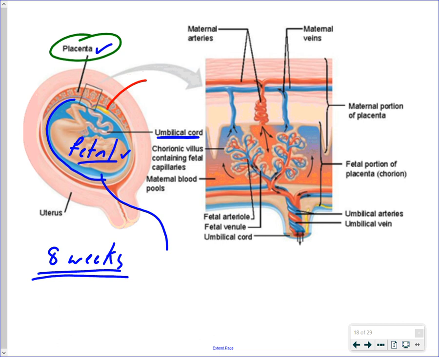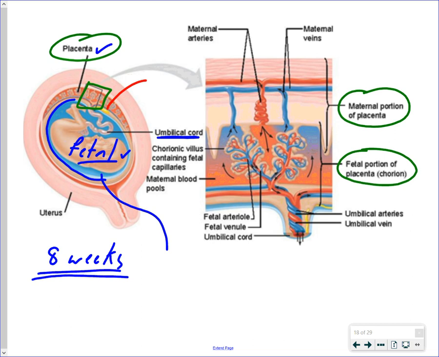So if we take a look at the right-hand picture now, kind of zooming in on what we see in this box here, the placenta is made up of the mother's portion, the maternal portion, and the fetal portion, which again is going to be coming from those trophoblastic cells. So in the case of the female's portion, very, very vascular endometrial lining is giving rise to the mother's portion of the placenta.